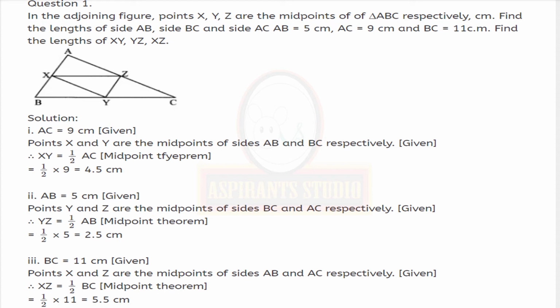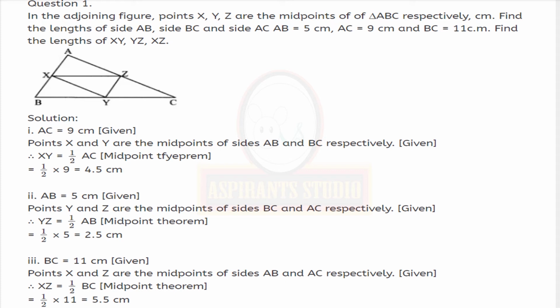So you can write in the beginning, in triangle ABC, XY is equal to half of AC by midpoint theorem. Theorem spelling is THEOREM. That is equal to half multiplied by 9, that is 9 upon 2, which is 4.5 centimeters.